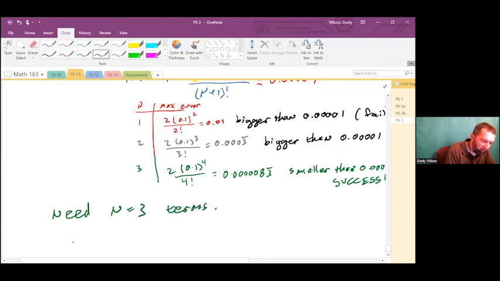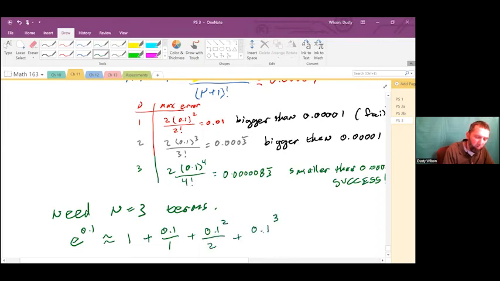That is, e to the 0.1 is approximately equal to 1 plus 0.1 over 1, plus 0.1 squared over 2, plus 0.1 cubed over 3 factorial, which is 6, plus or minus 0.00001.